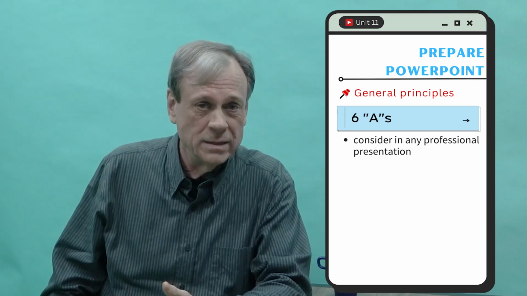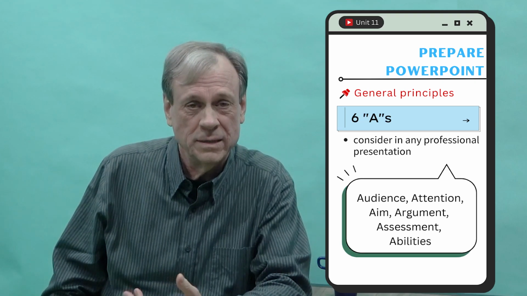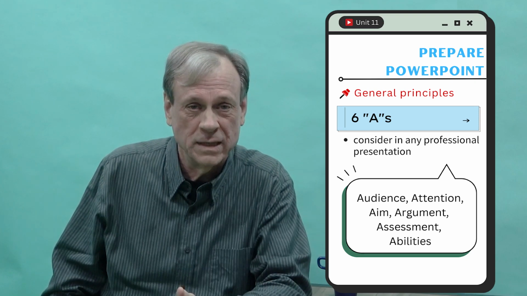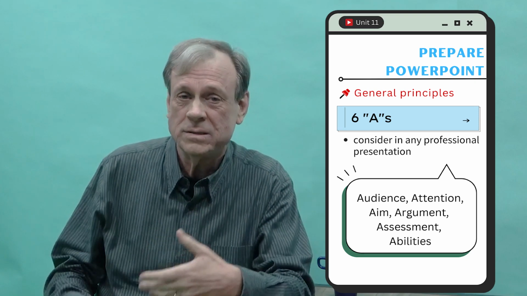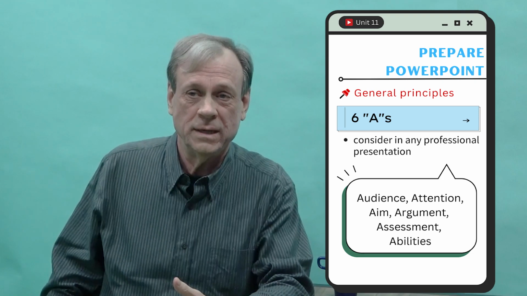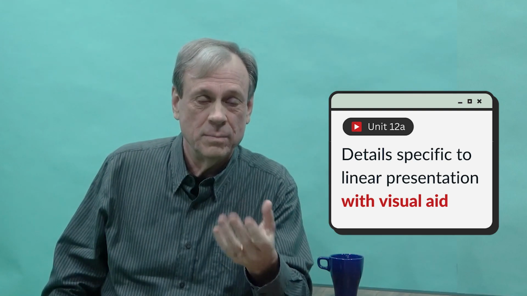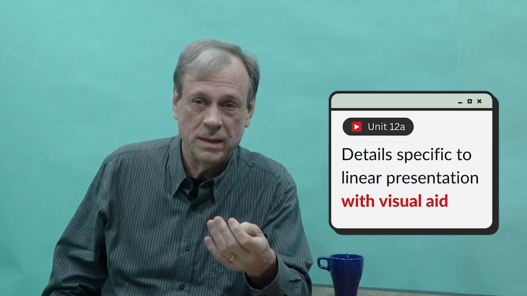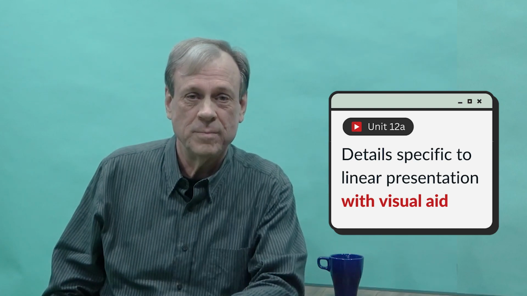Also the 6 A's that we looked at: audience, attention, aim, argument, assessment, abilities, things to consider as you develop the early parts of your presentation. In this unit, we're going to be looking specifically at linear presentations, PowerPoint being the key example, and specific things that will help you to prepare a PowerPoint presentation.